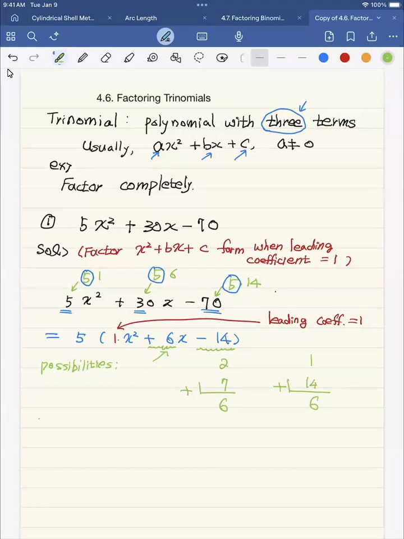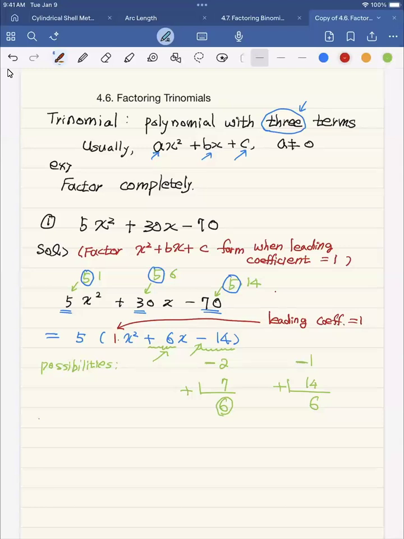6 is a positive number, so to make negative 14, we have to make one of them negative. It turned out to be minus 2 and 7, minus 1 and 14, because when we add them up, it must be a positive number. So we have to put the minus on the larger number.